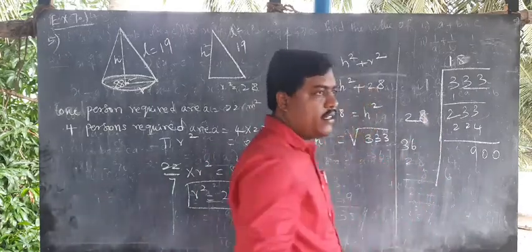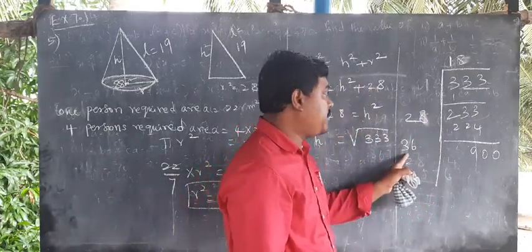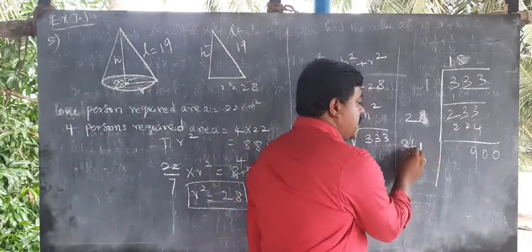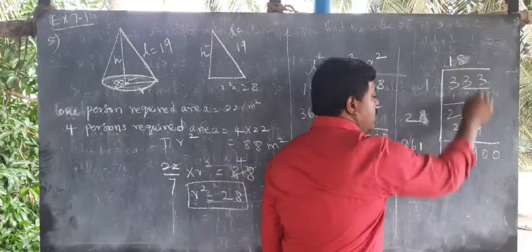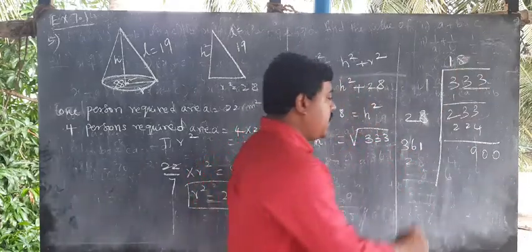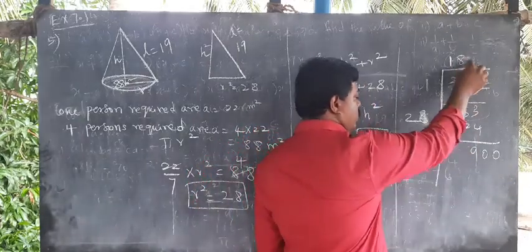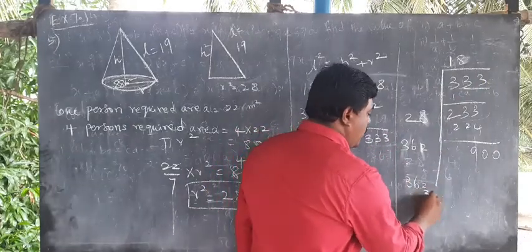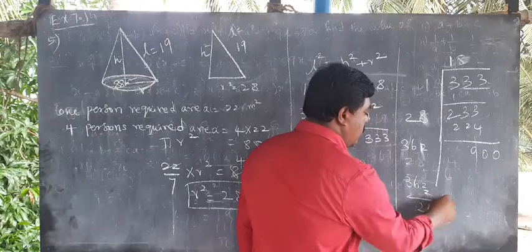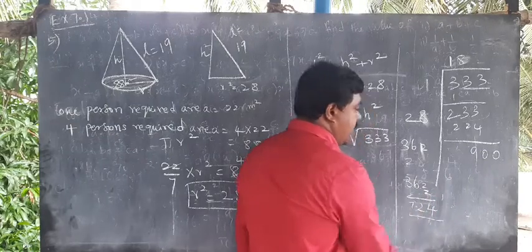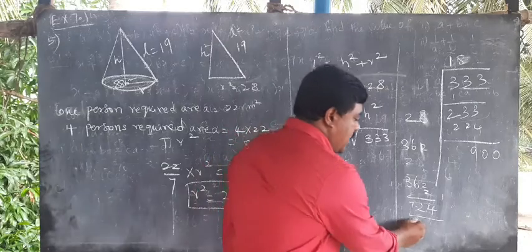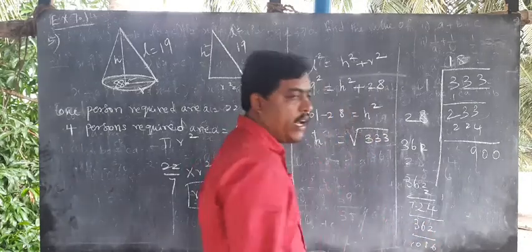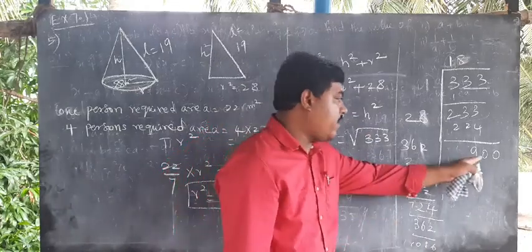Suppose here I put 1, then 361 into 1 is 361. 362 into 2, what are you getting? 362 into 2 is 724. Suppose here we are adding 362, we get 1086.